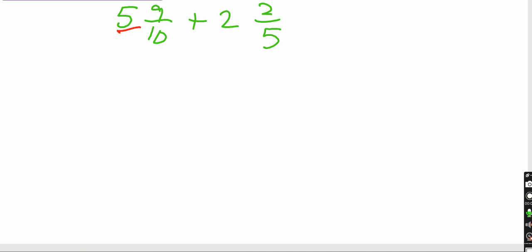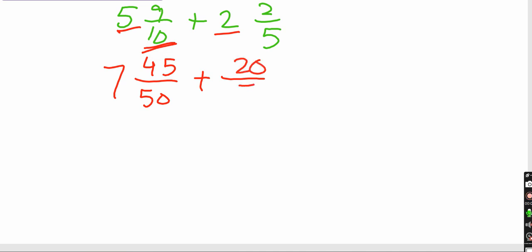Okay. So this whole number and this whole number will become 7. 9 by 10 will become 9 fives are 45, and 10 will become 50, plus, I already added this whole number, so I will write 2 tens are 20 and 5 will become 50.